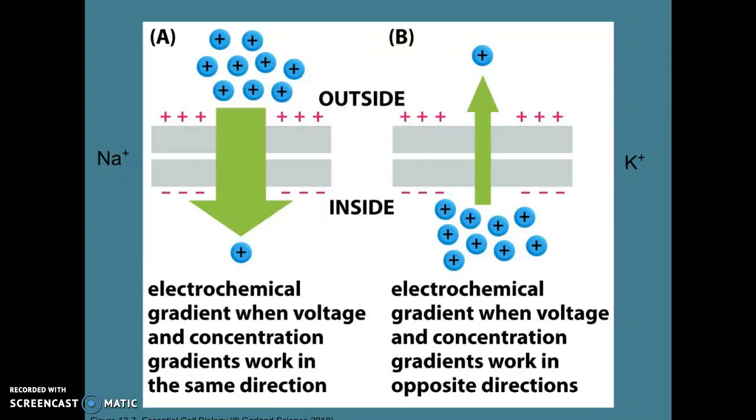When you open a potassium channel, even though the potassiums have a chemical gradient, there are more potassiums inside of the cell than outside of the cell, that is offset a little bit by the voltage across the membrane. There's a positive charge on the outer membrane leaflet. And so it's not as easy for those potassiums to move across that electrochemical gradient as it is for sodiums to move across that electrochemical gradient.